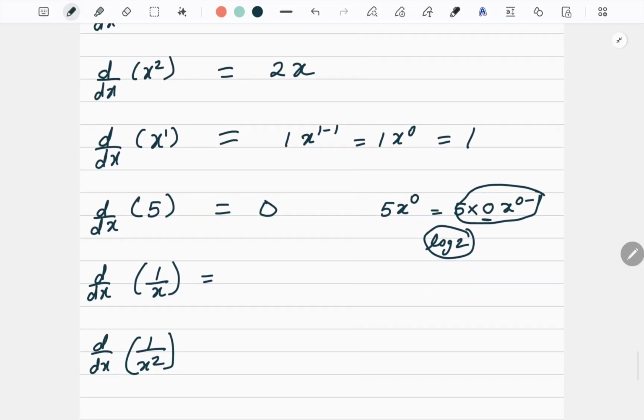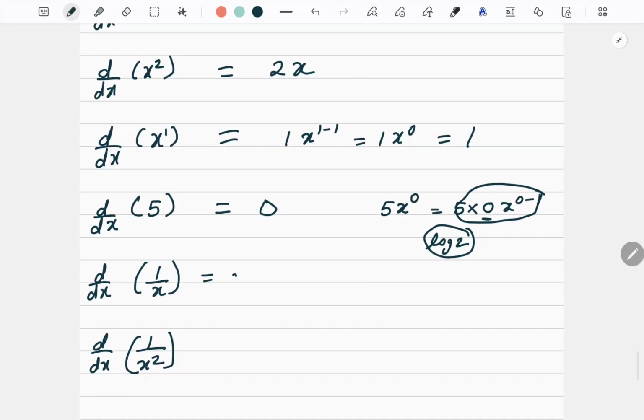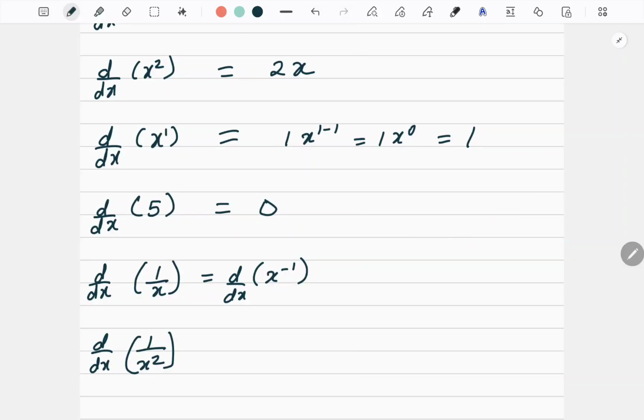Okay. Now come to this one, if I say 1 by x. So this is nothing but d by dx of x to the power minus 1. Correct? Now how? Understand this concept. There is an exponent rule which says that if you have x to the power m, and if you want to put it in the denominator, it will go with a negative sign.